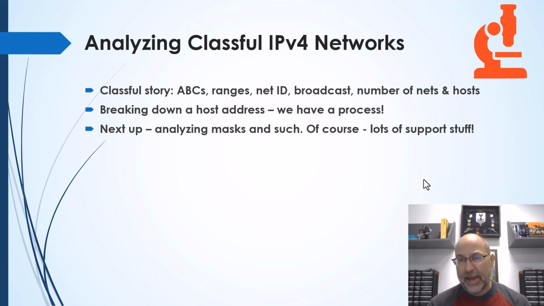Each class has a number of networks that can be built in that class, and each network within the class has a certain number of hosts, which is entirely based on the mask for that particular class. And of course, we broke down a host address. We have a process now that from a default addressing scheme, we can find the network address, the broadcast address, and we can do the binary.